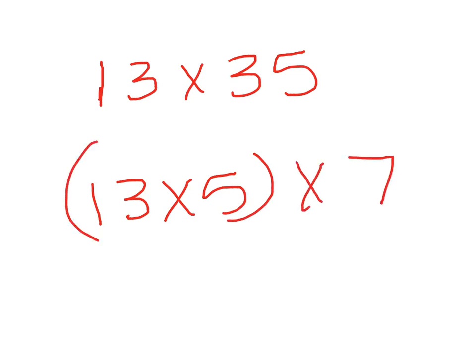Because that's the distributive property. It's just another way of looking at it. 7 times 5 is 35. So in this case, they broke it apart and said 13 times 5 and then multiplying the whole thing times 7. That is still the distributive property.